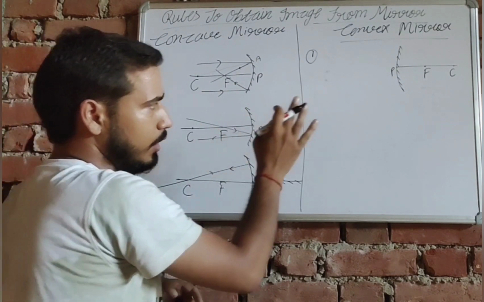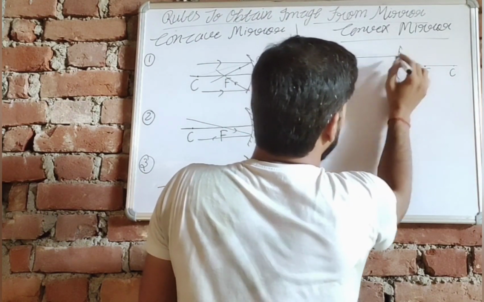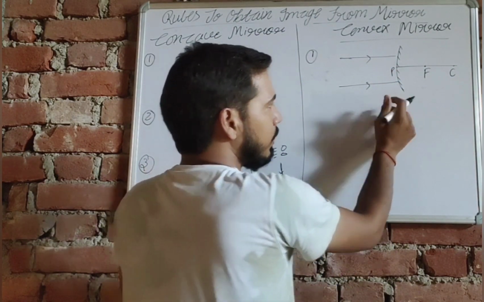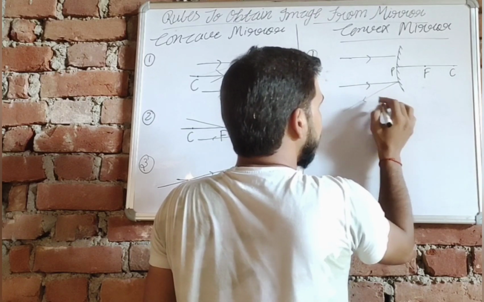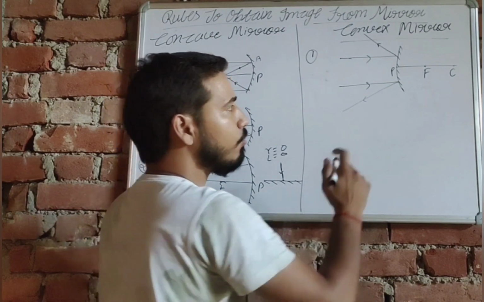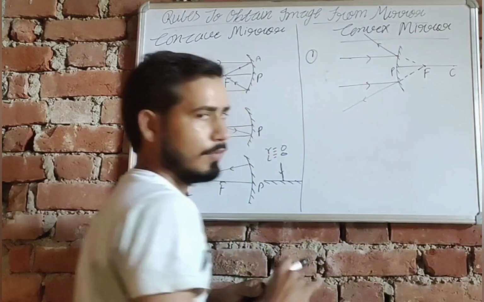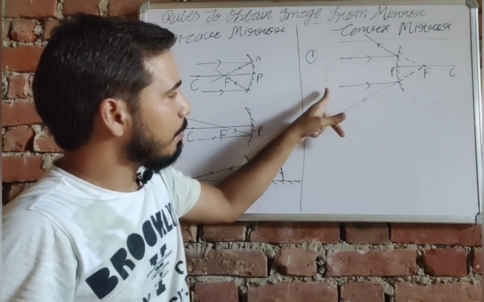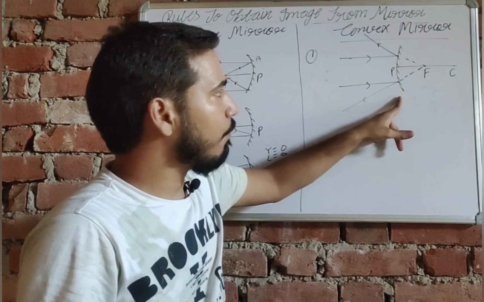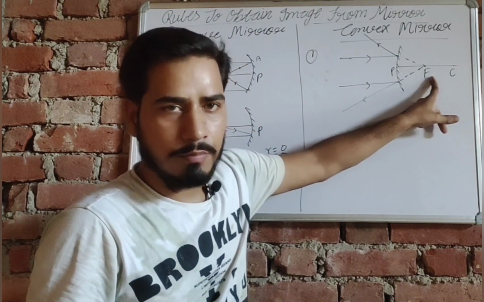Here, any ray of light from this side falling on the convex mirror, after reflection seems to be coming out from the focus of the mirror. Again I'm repeating, a parallel beam of light falling on a convex mirror, after reflection seems to be coming out from the focus of the mirror.